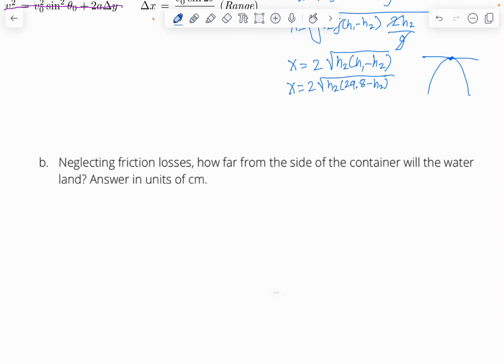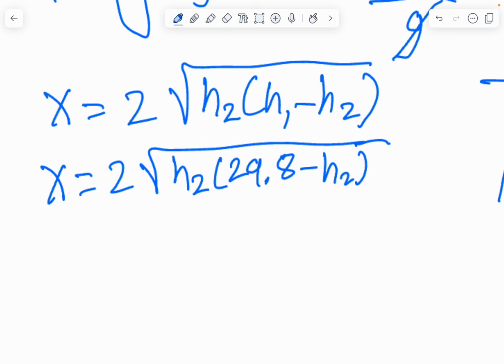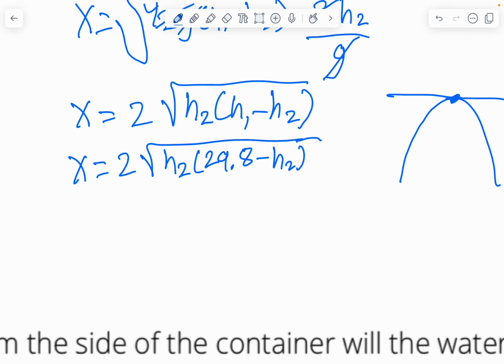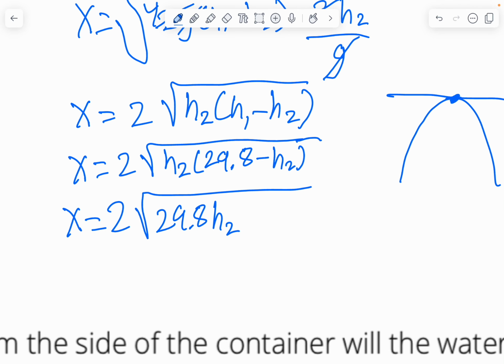So then, I guess I'll have to use the chain rule. I'll just simplify whatever's inside the parentheses, or spread it out so we know the power rule. So 2 times the square root of 29.8 h2 minus h2 squared. If you're non-calculus, you can just graph it.